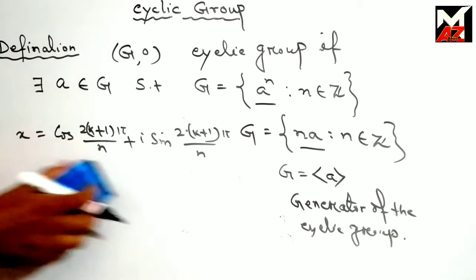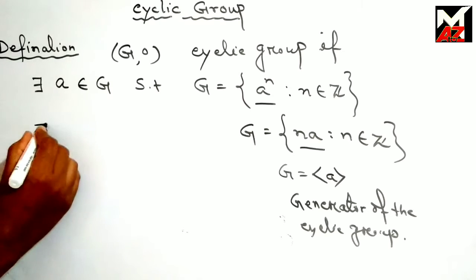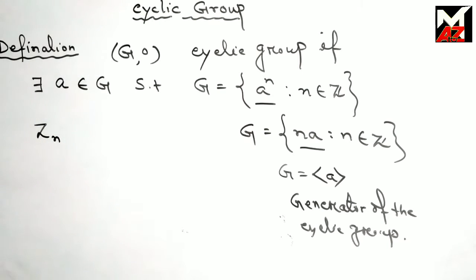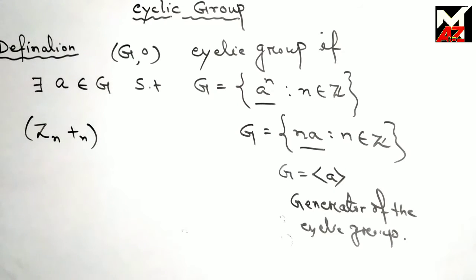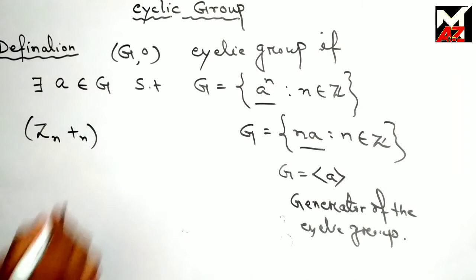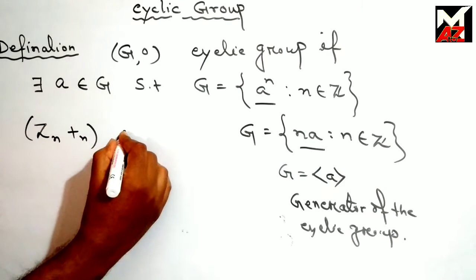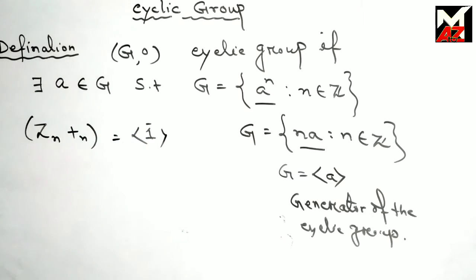And if we take the group Zn with respect to addition modulo n, here also it is a cyclic group, because this group can be generated by the element 1.